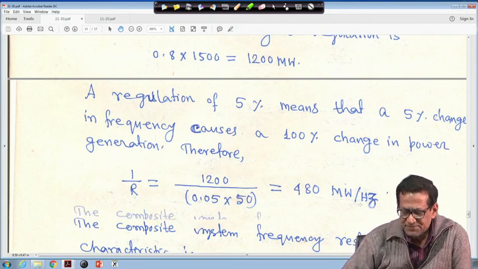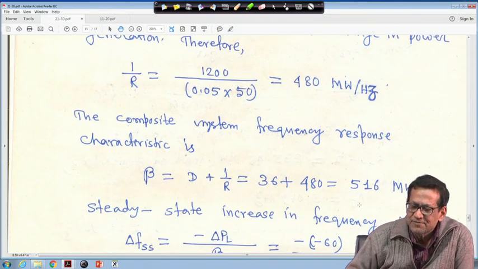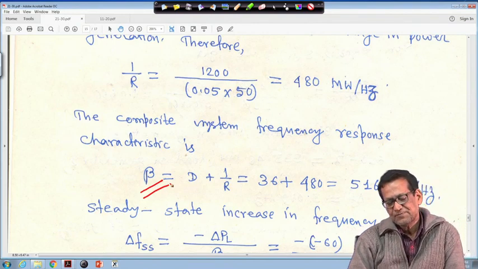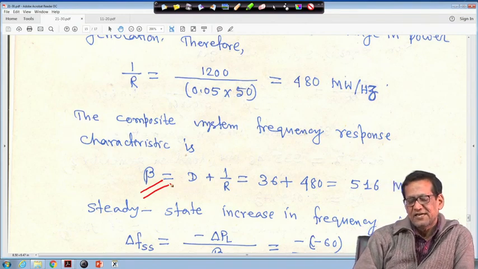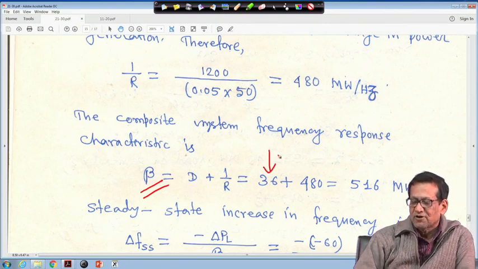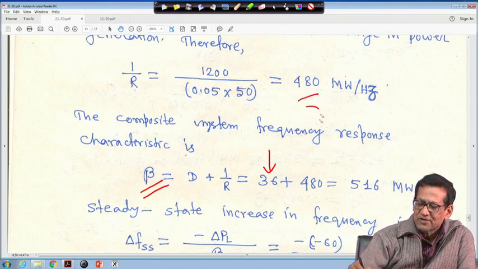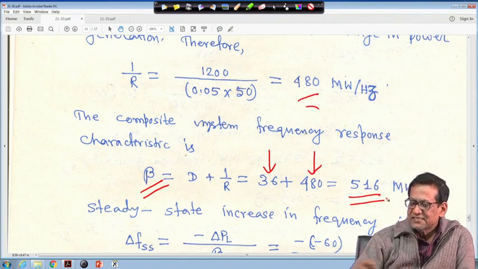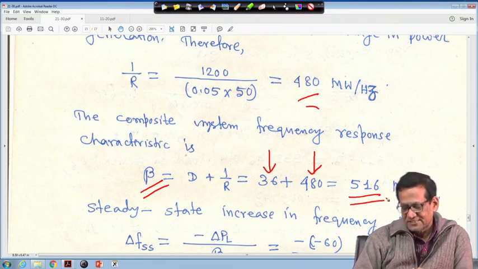Therefore, the composite frequency response, which we call beta, the frequency response characteristic, is beta equal to D plus 1 upon R. D we have already got as 36, and 1 upon R is 480, so the total is 516 megawatt per hertz, right.